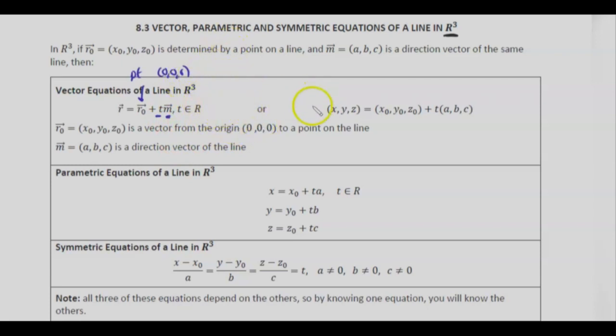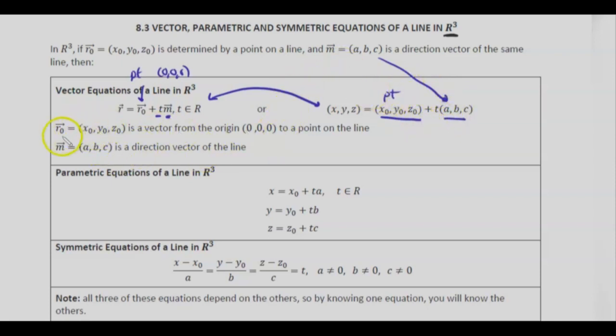Another way you can write this, which you don't see as often, is (x, y, z) equals (x naught, y naught, z naught) plus t times (a, b, c), again a, b, c being vector m. So this is a point and this is a vector.